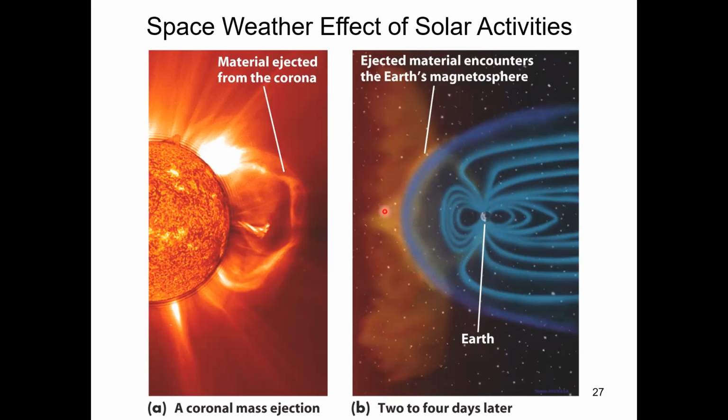But if we get a very, very strong coronal mass ejection activity, so that there's a lot of matter coming towards us, very high energy matter, this distortion of the magnetic field of the earth could be very, very big.